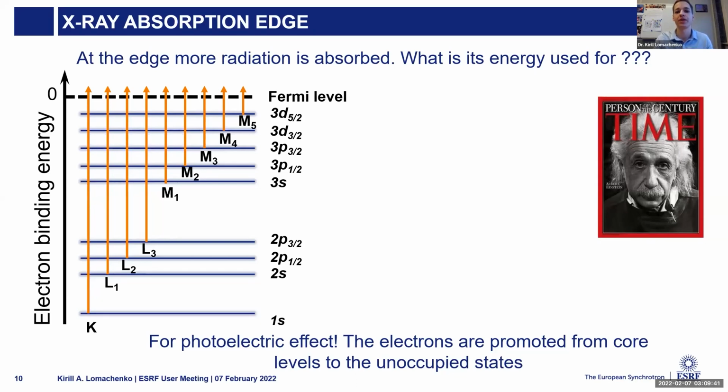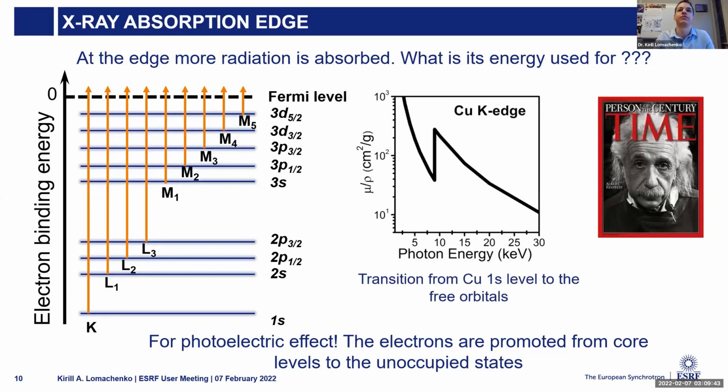It increases abruptly, creating what we call X-ray absorption step, X-ray absorption edge. And different edges have different names. You see this K, L1, 2, 3, M1, 2, 3, 4, 5.